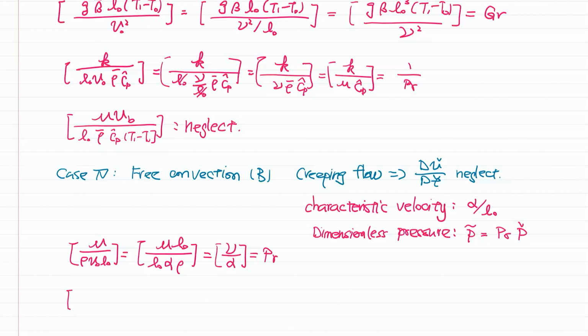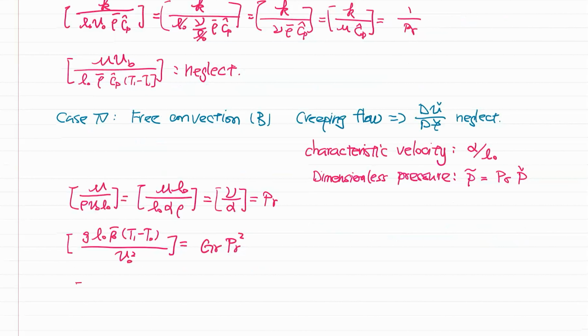For the second term, regarding the buoyant force, we have g L naught squared beta (T1 minus T naught) over v naught squared, which now equals the Grashof number times the square of the Prandtl number. And for the first term in the thermal conduction, it actually becomes unity: L naught v naught rho Cp equals 1. And again, the viscous dissipation term is still neglected because it's free convection.